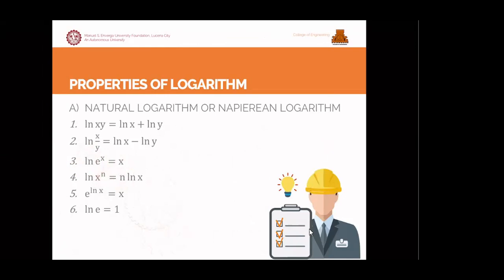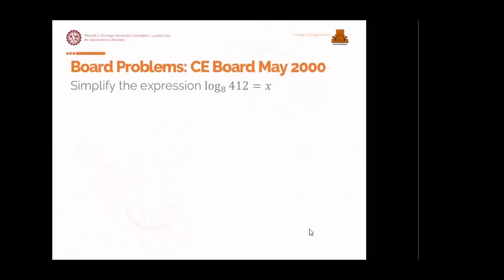And if the exponential function is raised to the natural logarithm, we just get the value of the variable, because that is its property. And ln e is equal to 1.